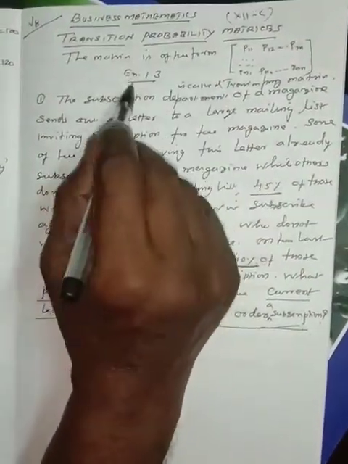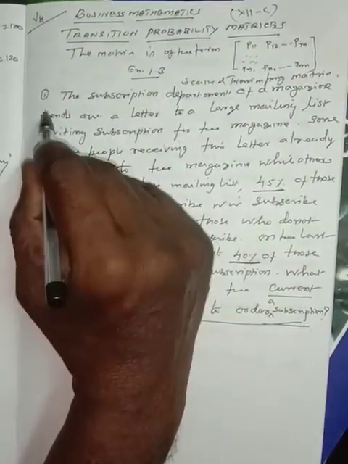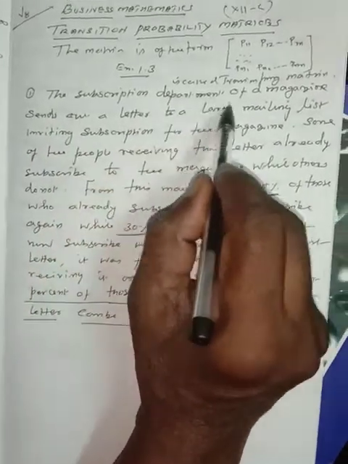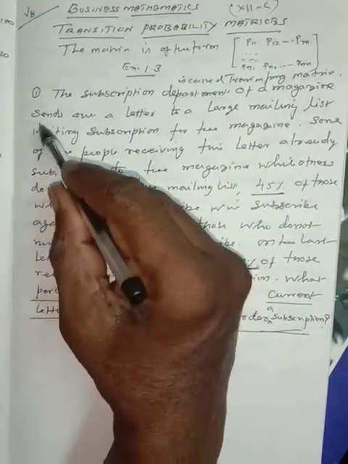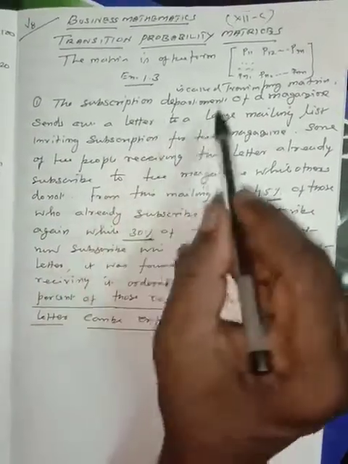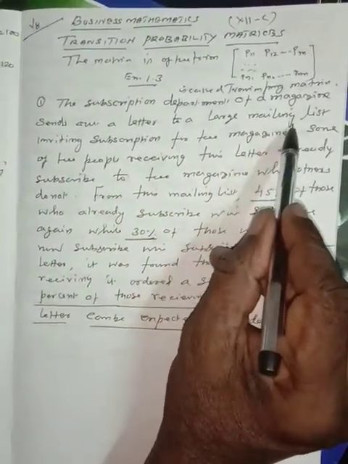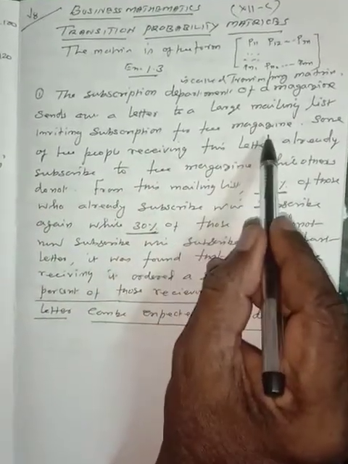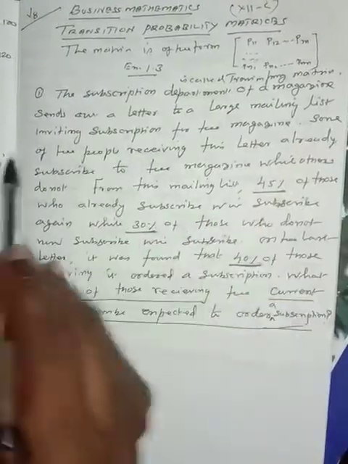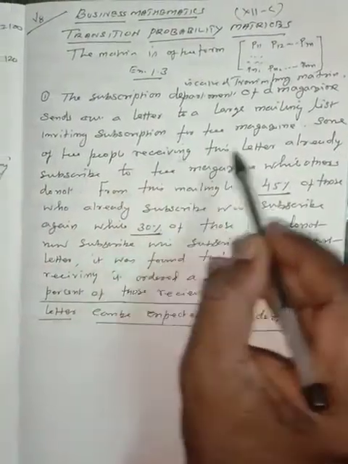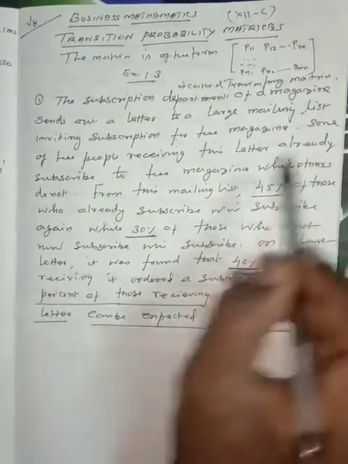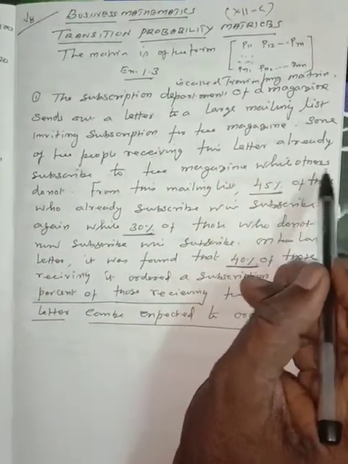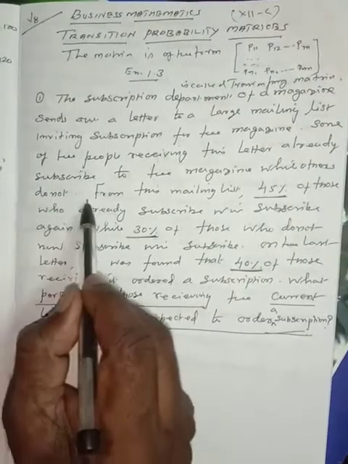Now, example 1.3, sum number 1. The subscription department of a magazine sends out a letter to a large mailing list inviting subscription. Some of the people receiving this letter already subscribe to the magazine while others do not.